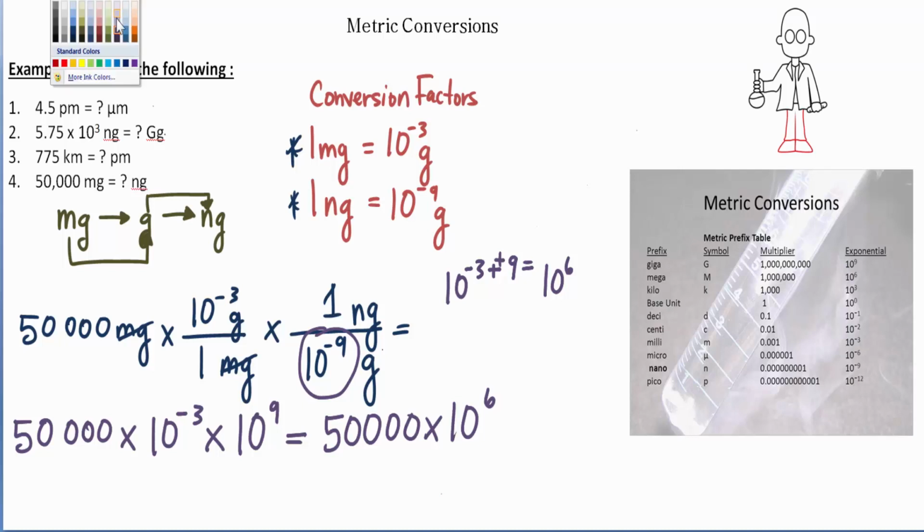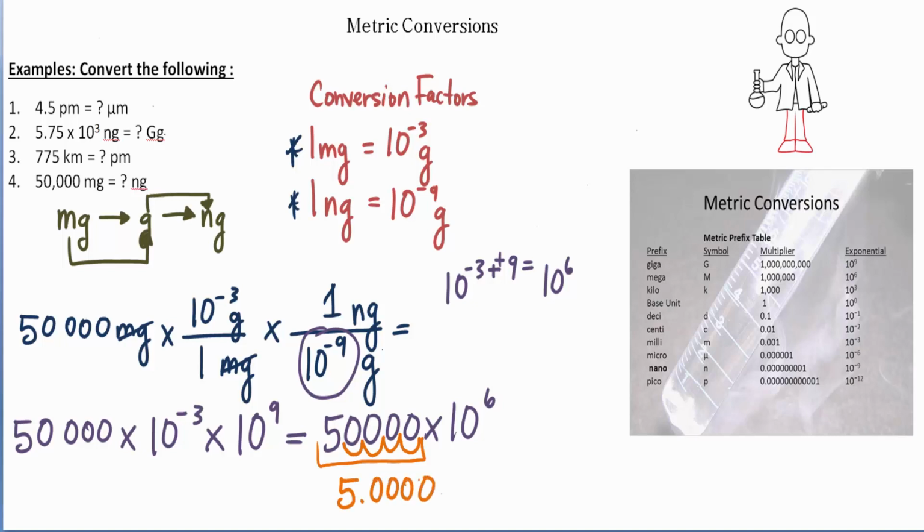Now, notice that this number is not in scientific notation, because 50,000 is not between 1 and 10. So I need to move this decimal 1, 2, 3, 4, so that would be 5.0000, just keeping those zeros.